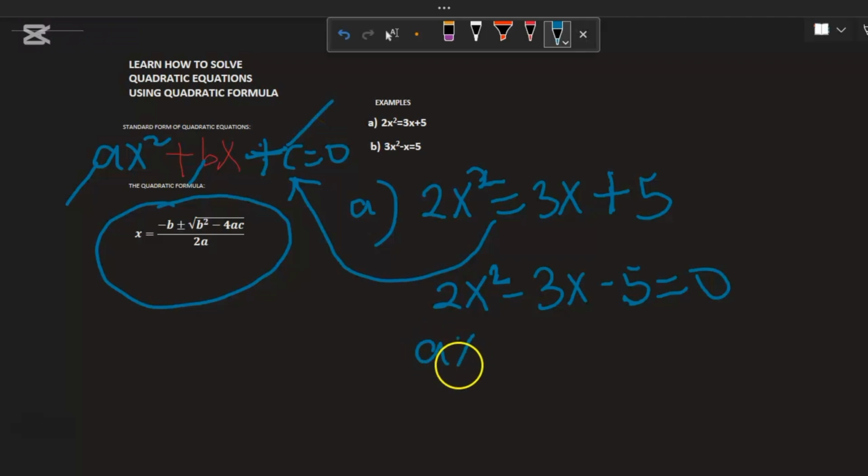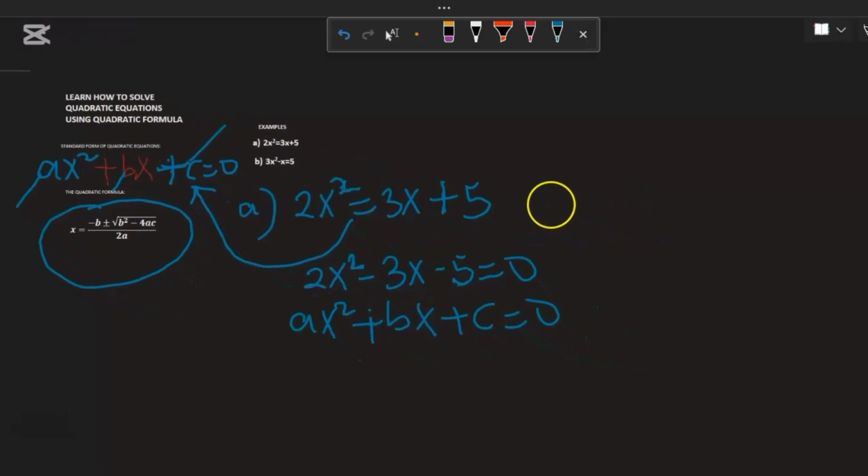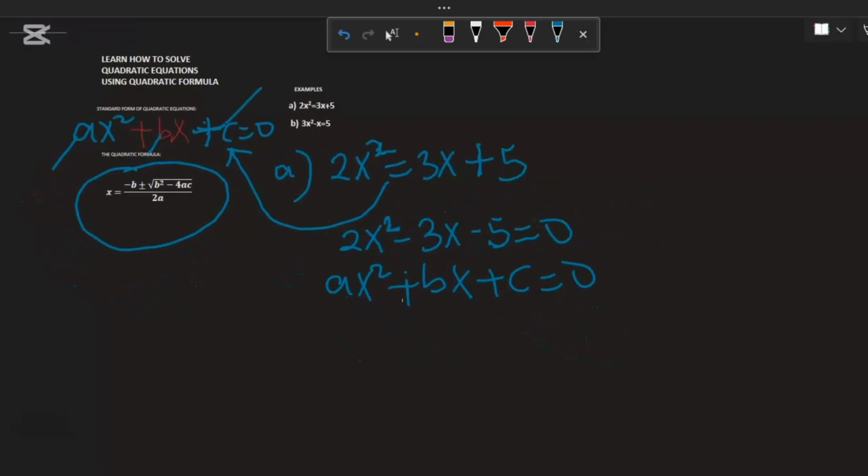By comparing the coefficients, we can get that. How can we compare coefficients? I will tell you a short way. In the standard form, the coefficient of x squared is a.